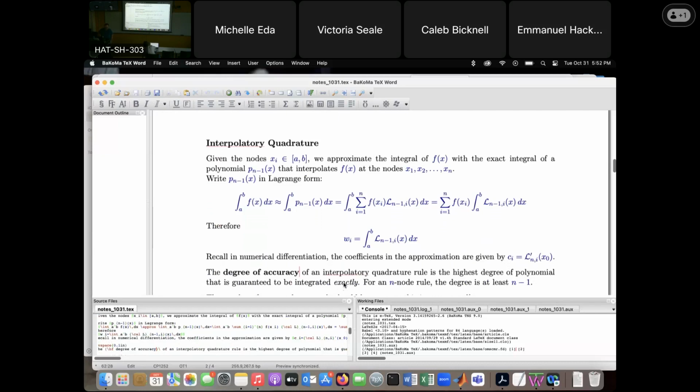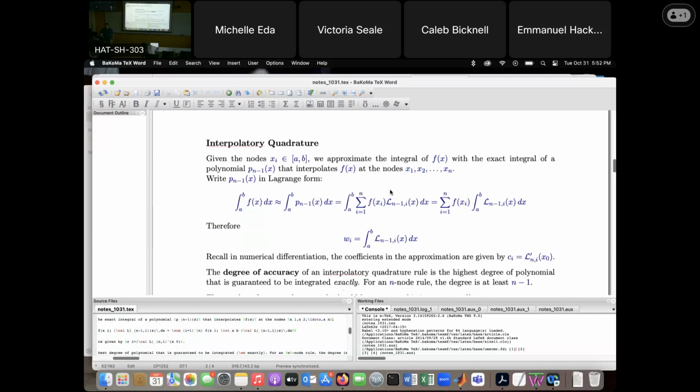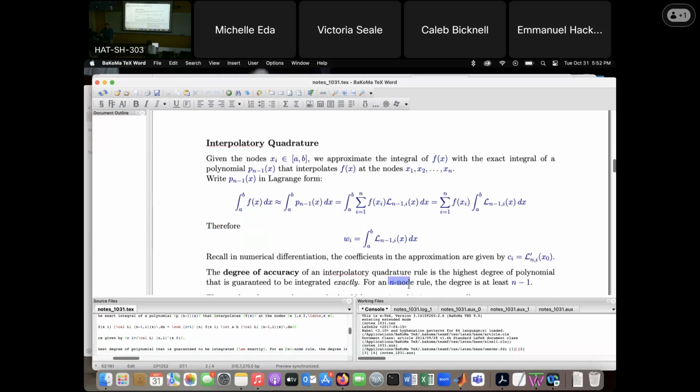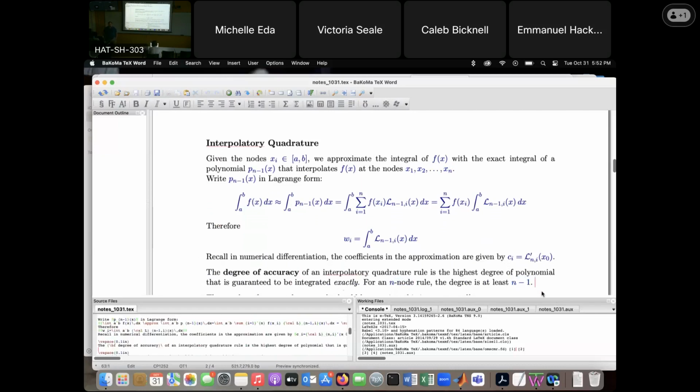Now this is going to vary from rule to rule, but what we can say in general is that anytime you have an interpolatory quadrature rule that has n nodes, you're going to be approximating f by a polynomial of degree n minus 1, so that's going to be integrated exactly. So if your interpolatory quadrature rule has n nodes, the degree of accuracy will be at least n minus 1. That's a lower bound on degree of accuracy, but we'll see some examples where it could be exceeded.